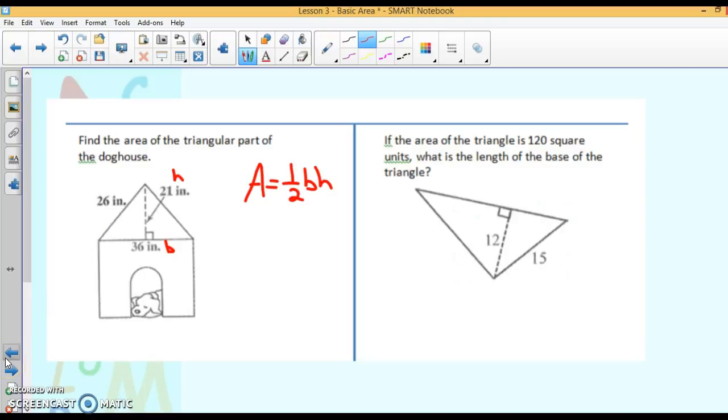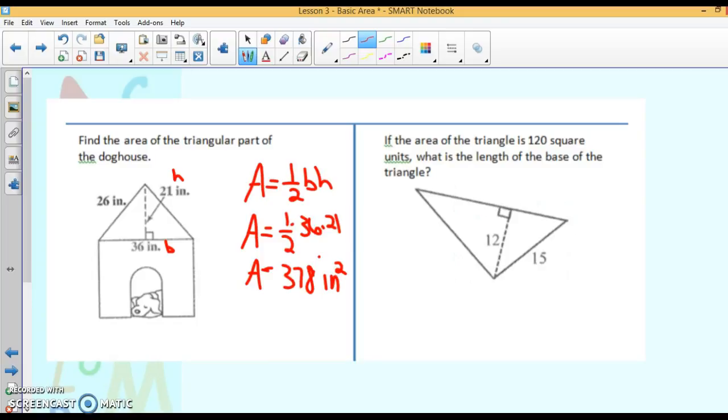Let's find the area. It is 1/2 times 36 times 21. Punch that into your calculator, and you will get 378, and it's going to be square inches, or inches squared.